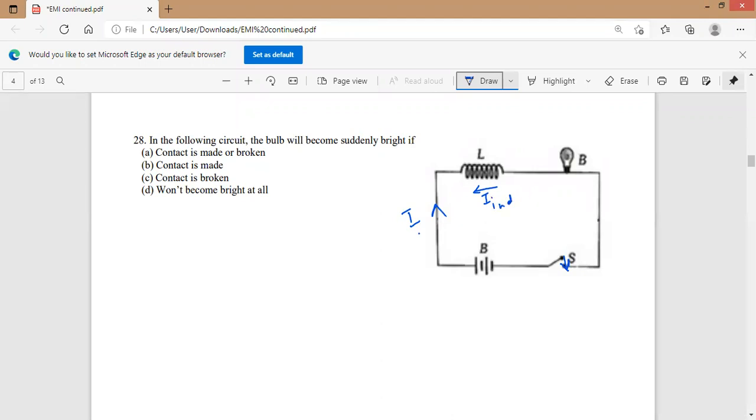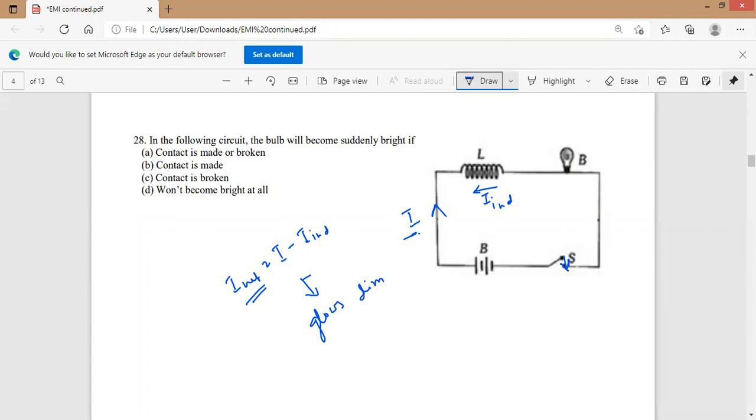The main current and induced current are in opposite directions. Therefore, the net current I net is equal to I minus I induced. That means the net current is less than the main current. When the current is less, the bulb will glow dim. So the bulb will not become bright.